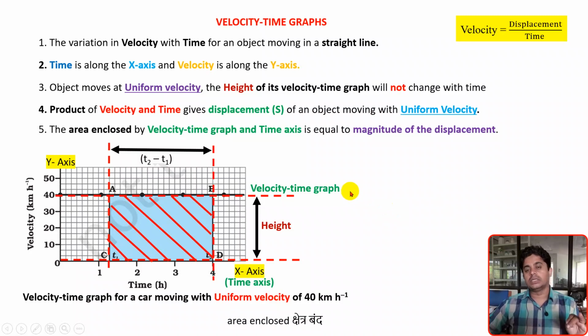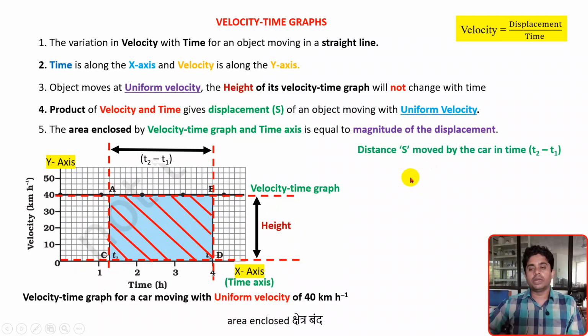And third, in a velocity time graph, the area under the line, or under the curve, gives the magnitude of the displacement. So keeping that in mind, the area between this velocity time graph and the time axis will give us the magnitude of the displacement during that travel of the object.